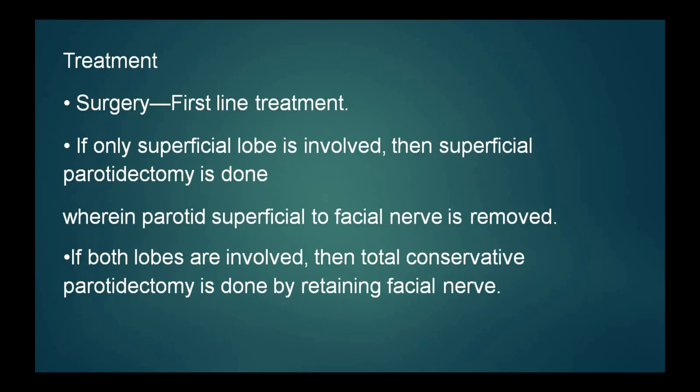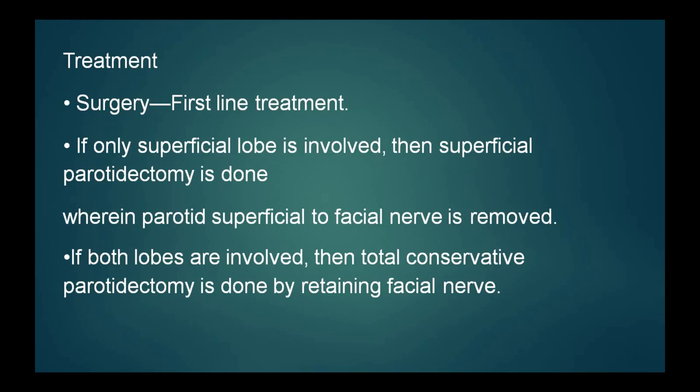So coming to the treatment. Surgery is the first line of treatment. If only the superficial lobe is involved, then superficial parotidectomy is done, wherein the parotid superficial to the facial nerve is removed. If both lobes are involved, then total conservative parotidectomy is done by retaining the facial nerve.